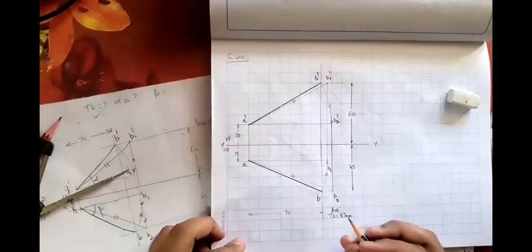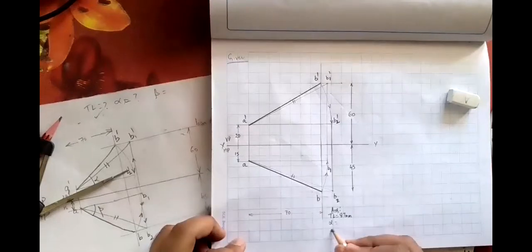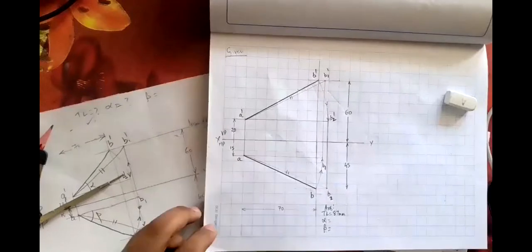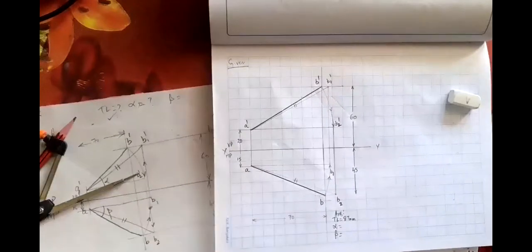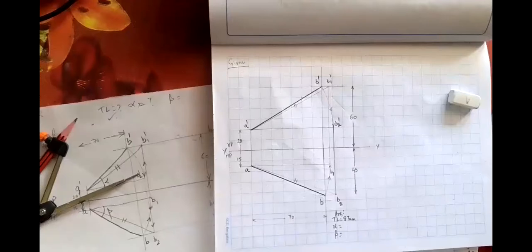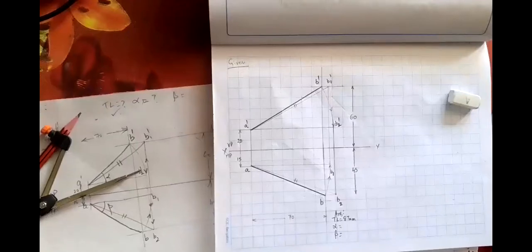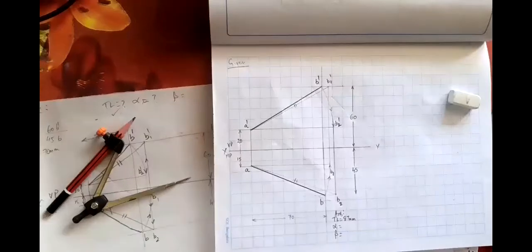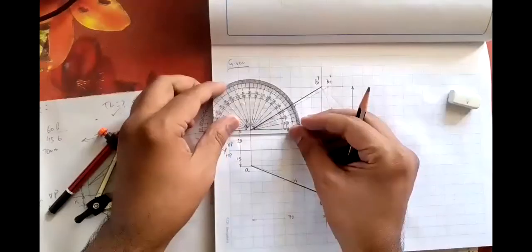You want to tell me alpha and beta? Alpha is 30 degrees, sir. Is 30 degrees, are you sure? Yes, sir. 30 degrees, sir.